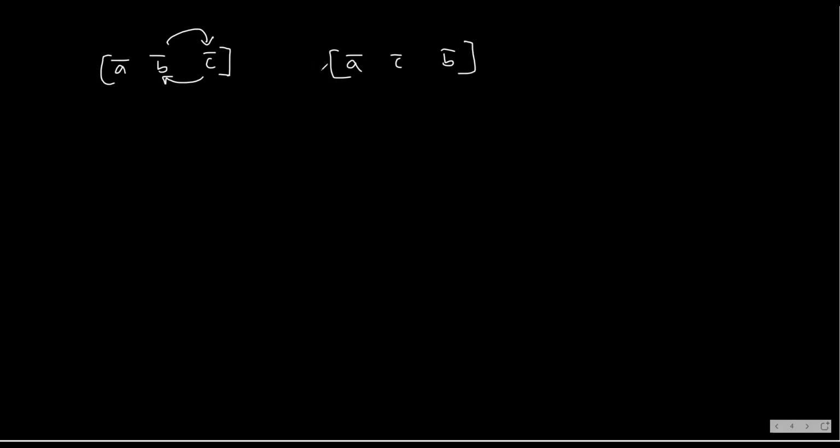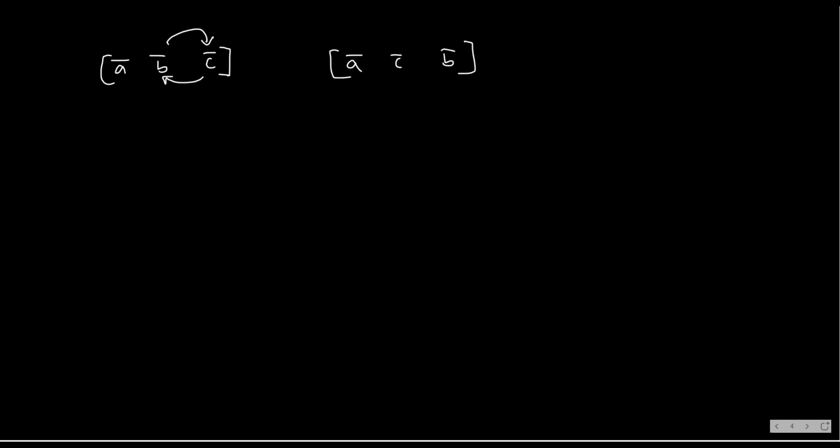In order to make them equal, you will have to put a negative sign. As such, they are not equal, because this is negative of this. Remember this again and again. In order to make them equal, you put a negative sign. Now they are equal.